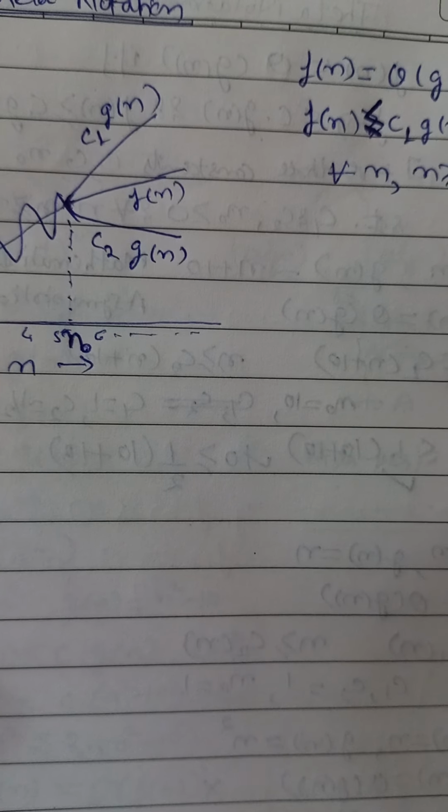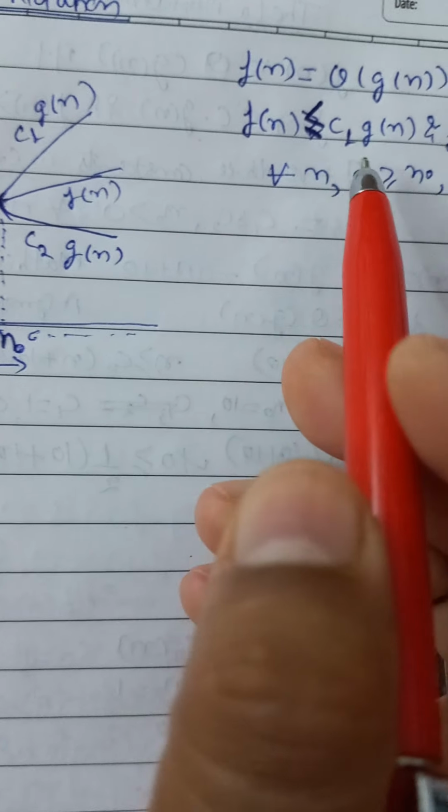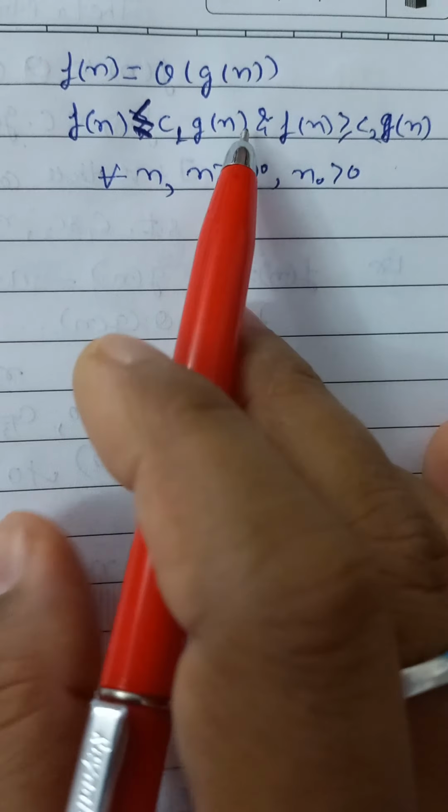Because what we have, Fn is less than C1 Gn and Fn is greater than C2 Gn. This is the condition for theta.